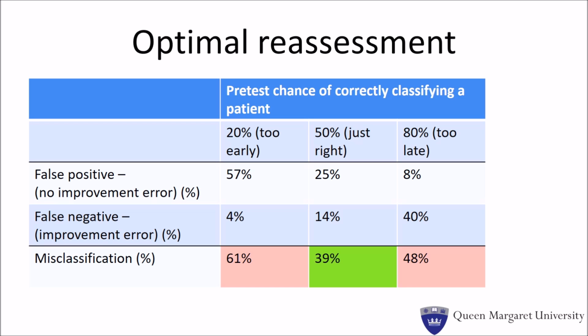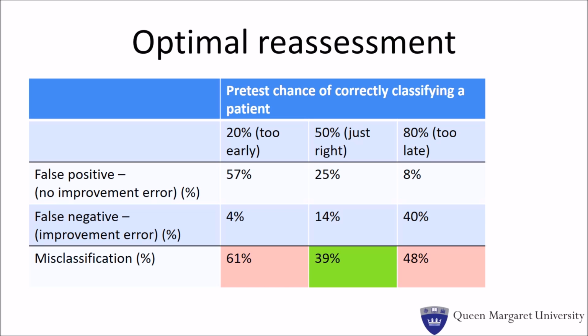Now, if we reassess the patients too late, what we realize is that the amount of false negative increases as compared to if we optimally reassess the patient. So in this case, looking at this graph, the false negative is at 40% as compared to 14% when we optimally reassess the patient.